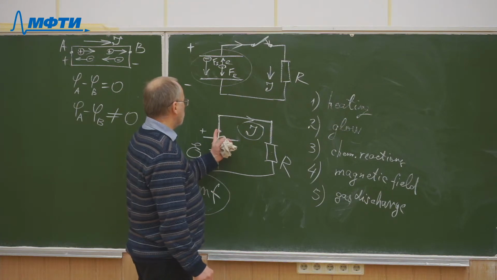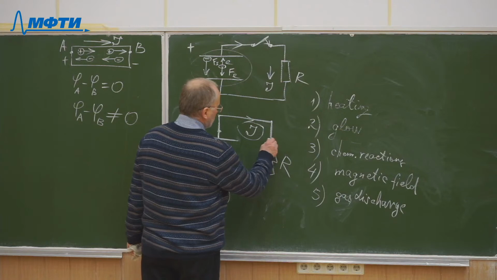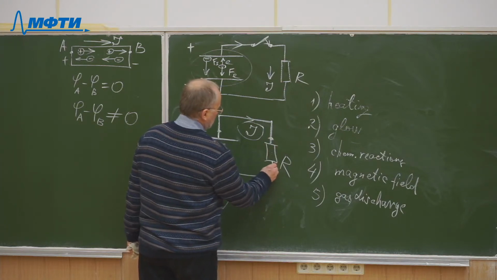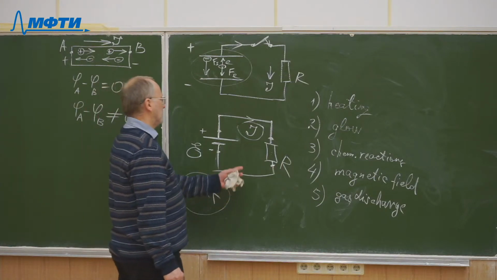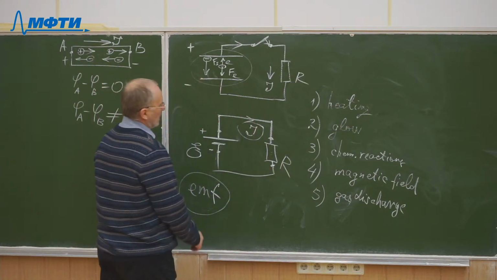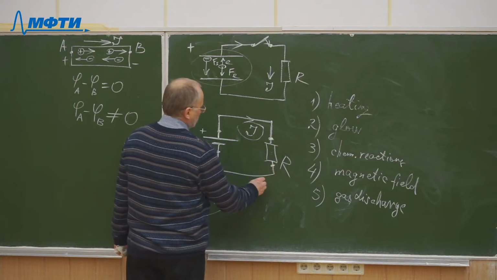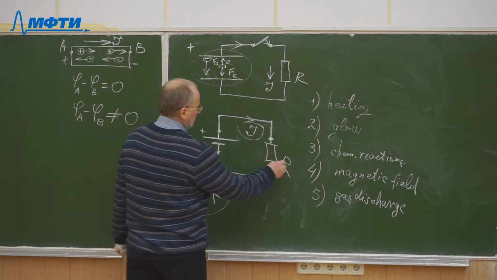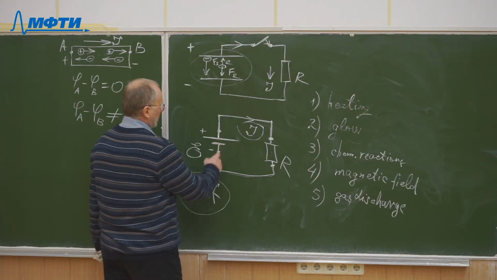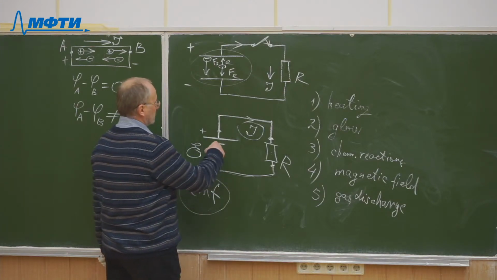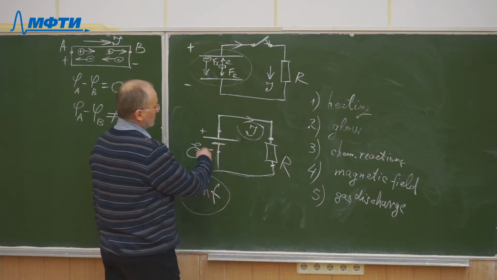But there are some elements called resistors, which resist the flow of electric current, so all the potential difference will fall on resistors rather than on wires. So the potential difference on the resistor will be the same as on the battery if the internal resistance of the battery is zero. We will talk about the internal resistance of batteries.